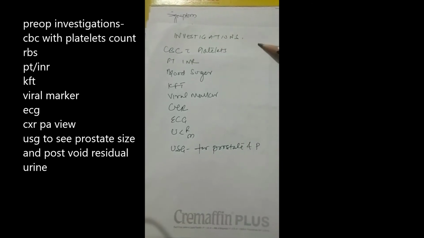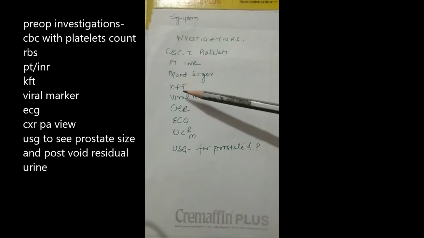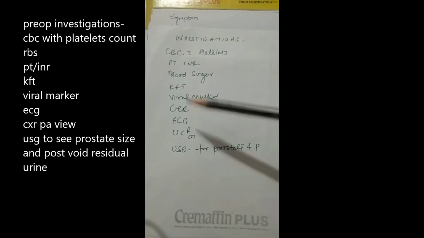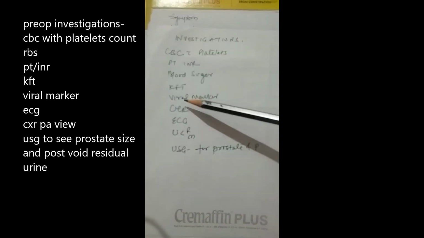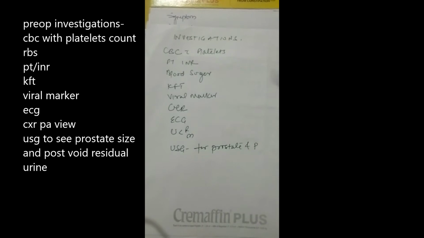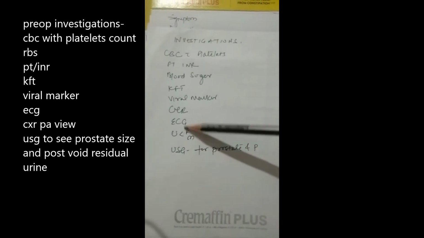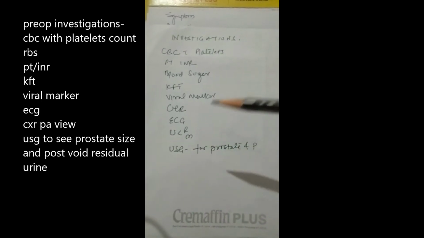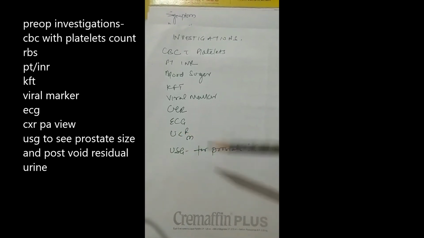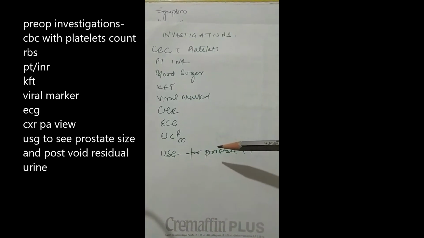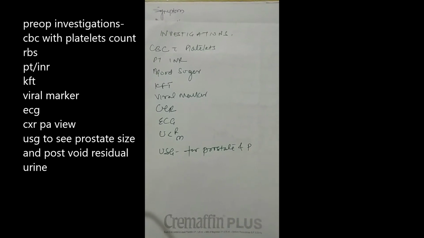PT-INR for coagulation profile, blood sugar to know if the patient is diabetic or non-diabetic, KFT for kidney function test, triple viral markers: HIV, HCV and HBsAg, chest X-ray in PA view to see any lung pathology, ECG to rule out heart disease, urine routine microscopy to see any kidney disease or infection, and most important is ultrasonography to see prostate size and post void residual urine.